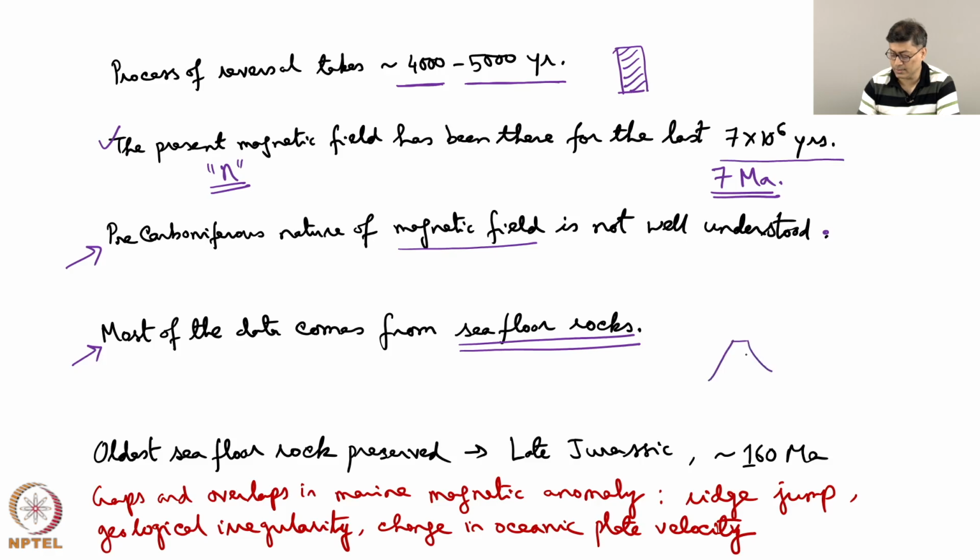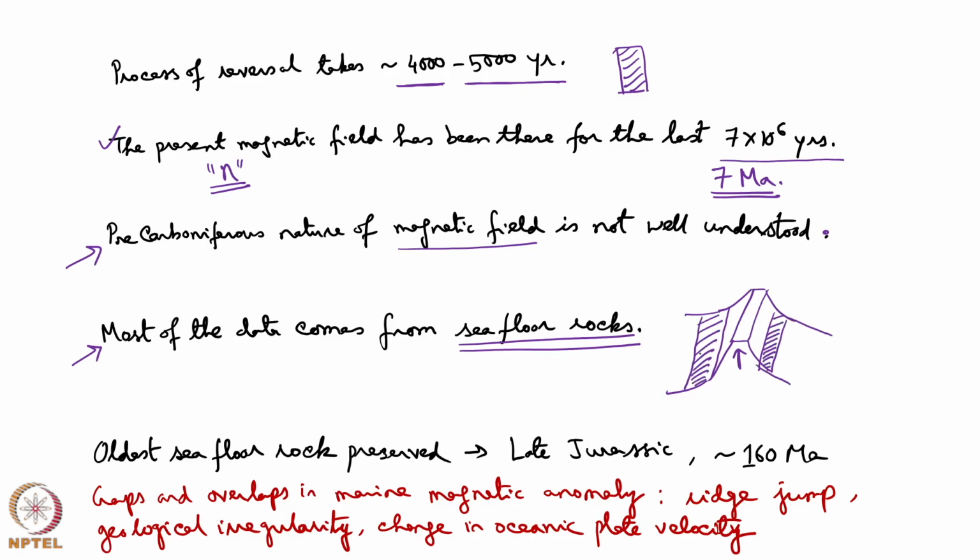Consider a mid-oceanic ridge from where batches after batches of basaltic lavas are coming up, and they are getting deposited at the sides, and as the new lava comes, the old layer actually is pushed away. This is a typical textbook diagram.